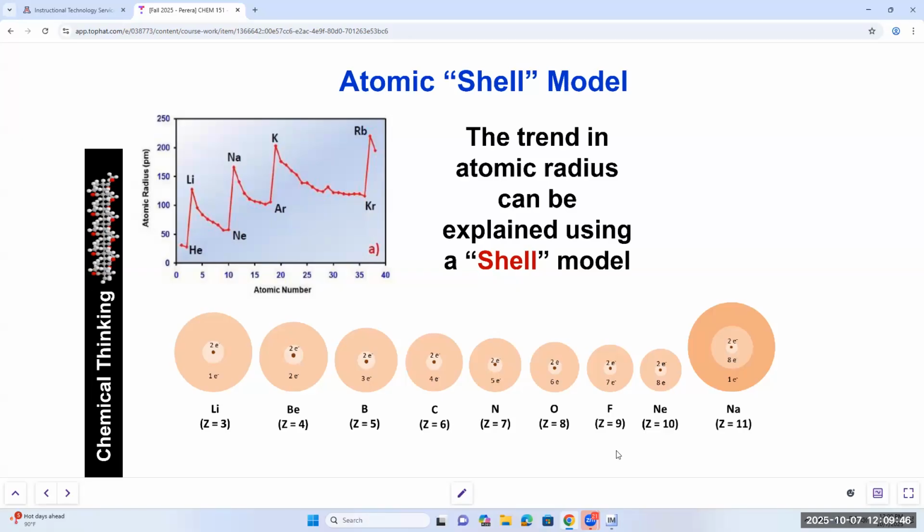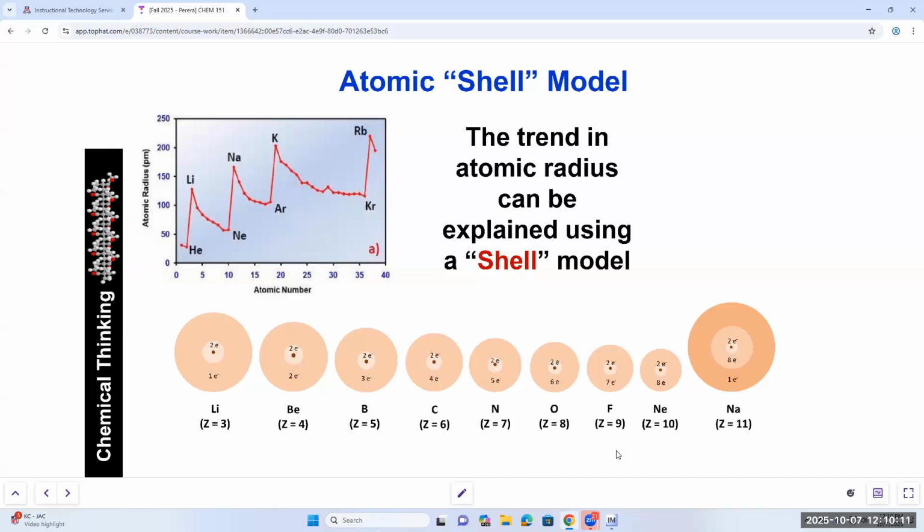So each subsequent shell is larger than the previous shell, and that's why when you go down a group, the size of the atom increases, because each added shell is larger than the previous one. And across the period, because the electrons are filled to the same shell, but the atoms have more protons, they're going to have strong attraction towards the electrons, and that's why the atomic size decreases across the period.